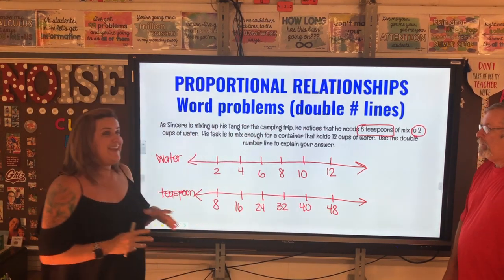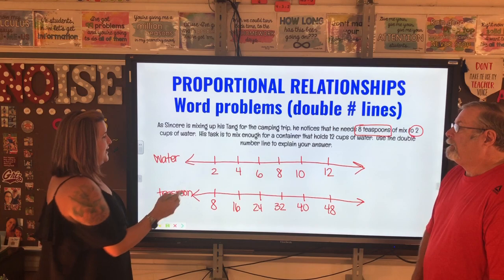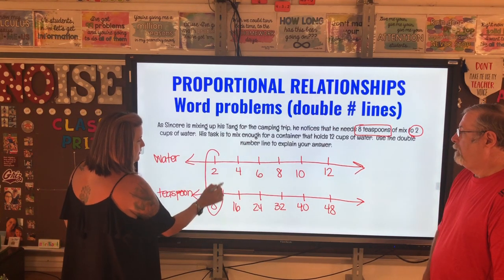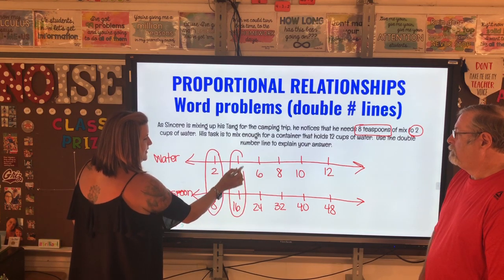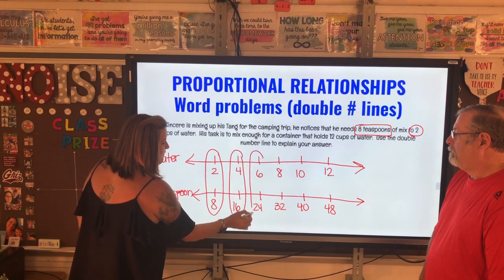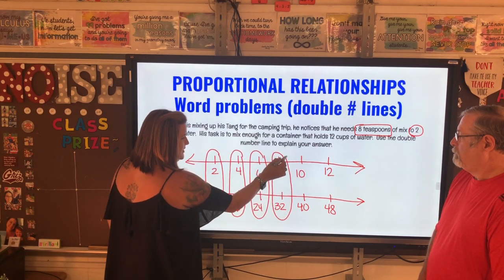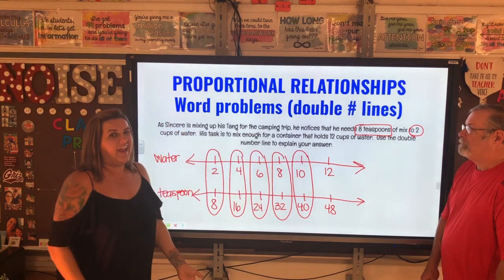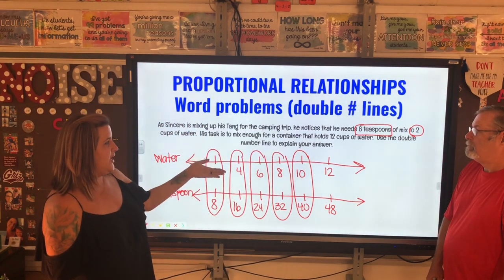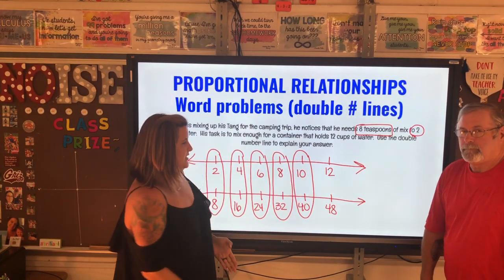The nice thing here, if this was a choose all that applies, 2 to 8 would be the original ratio. 4 to 16 is equivalent. 6 to 24 is equivalent. 8 to 32 is equivalent. 10 to 40 is equivalent. And the answer to my original question, if I have 12 cups of water, I need 48 teaspoons.